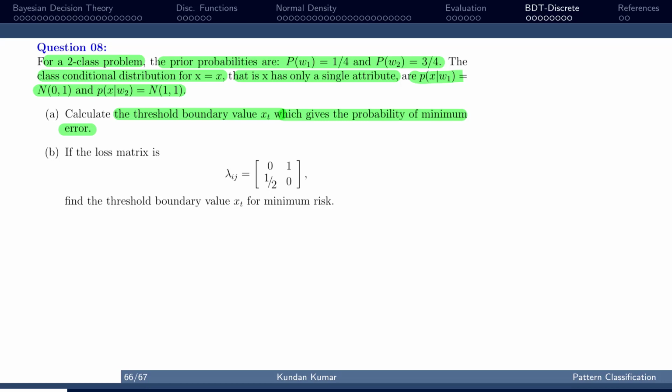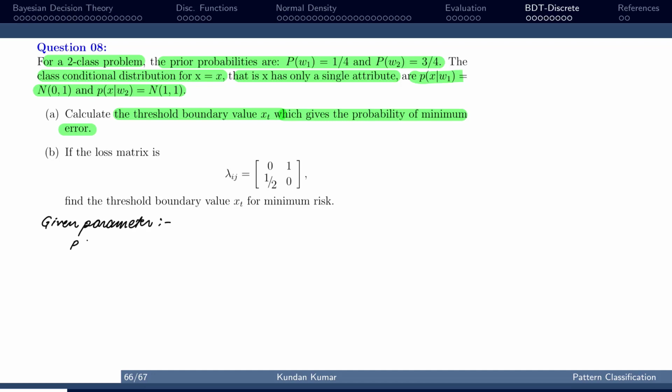Okay, so here we have the given parameters.